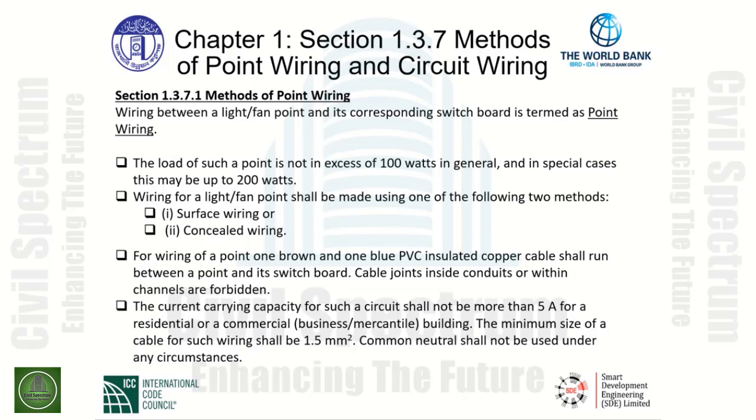The current carrying capacity for such a circuit shall not be more than 5 amperes for a residential or commercial, business, mercantile included. The minimum size of a cable for such wiring shall be 1.5 millimeters squared. Common neutral shall not be used under any circumstances.